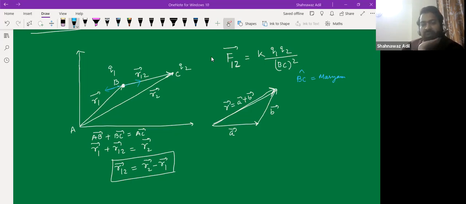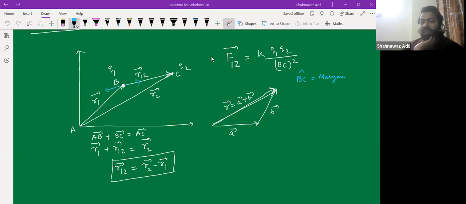What do you think? What would be the direction, BC hat or CB hat? If I change the name, then you will quickly tell me. But first I want you to think and come up with an answer.